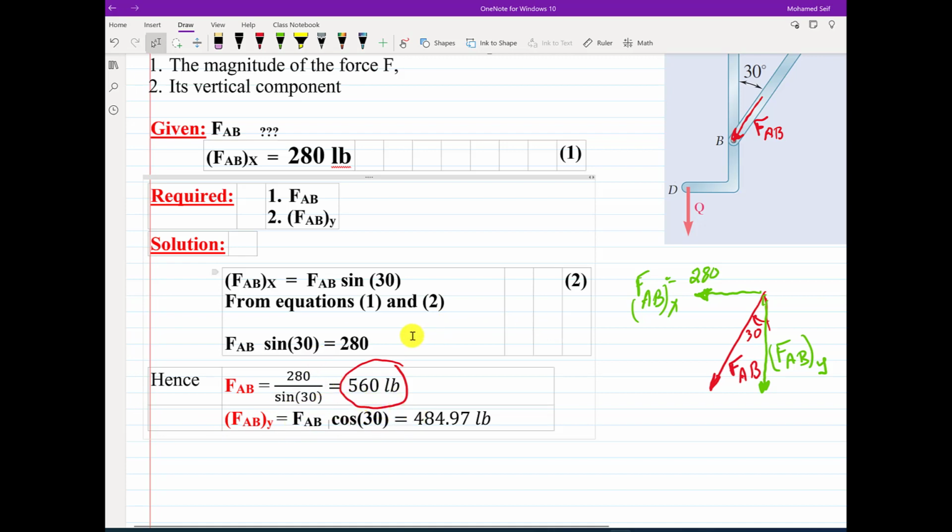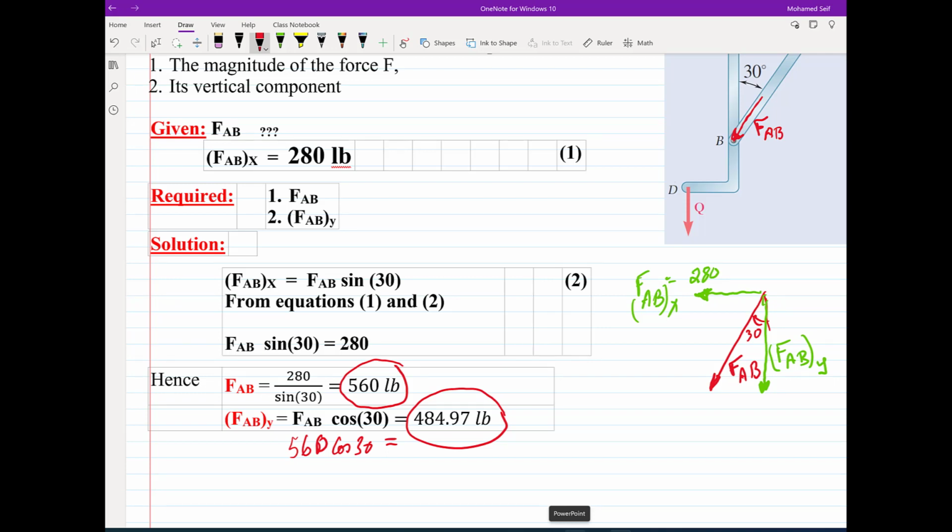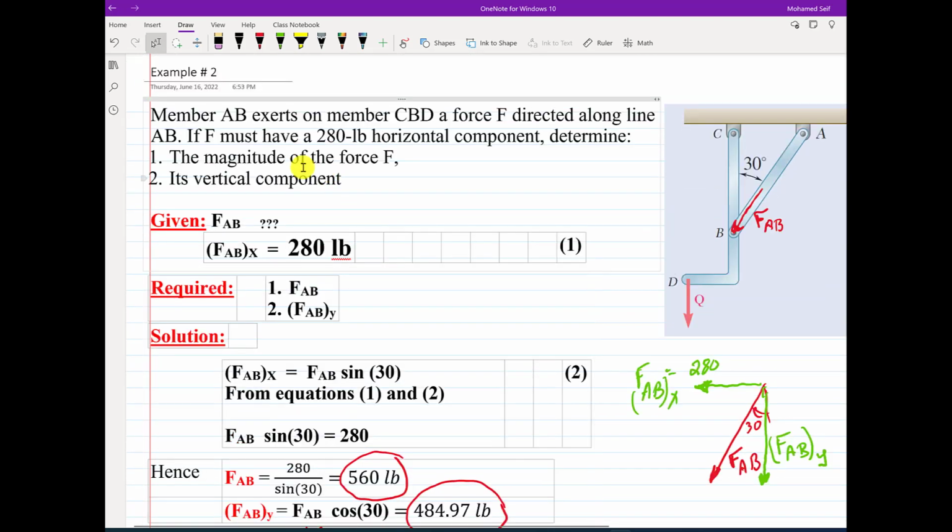What's FAB? 560 multiplied by cosine 30. And this is the value you'll get for the Y component. Okay, so this will end the second example.